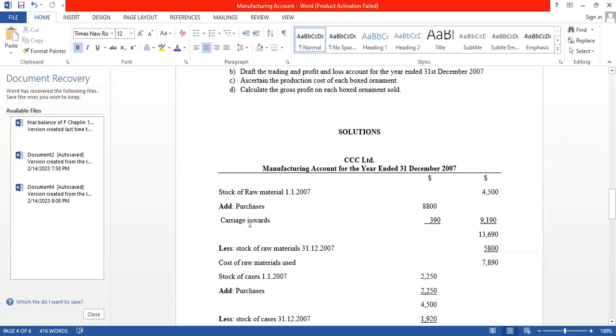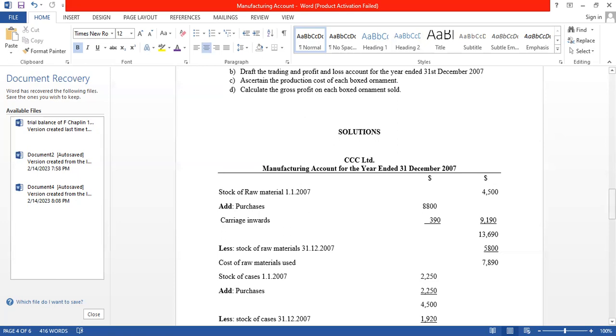So the reason why you had carriage inwards as well is that when you buy, let's say you would have purchased the wooden cases, 20 wooden cases, you would need to pay for transportation to deliver your goods to your business. So you're going to pay for carriage inwards. Good?